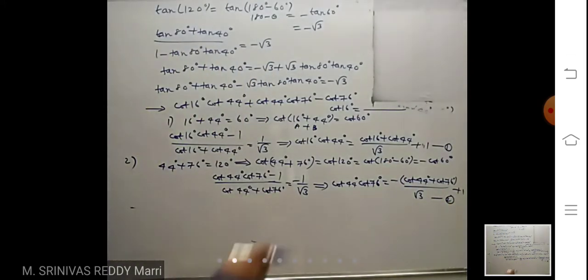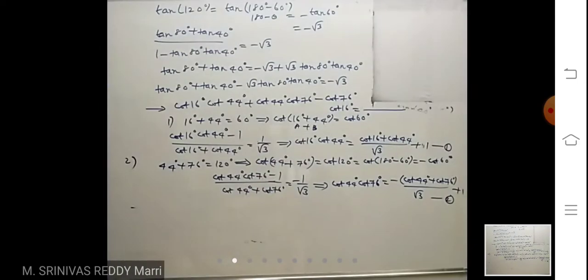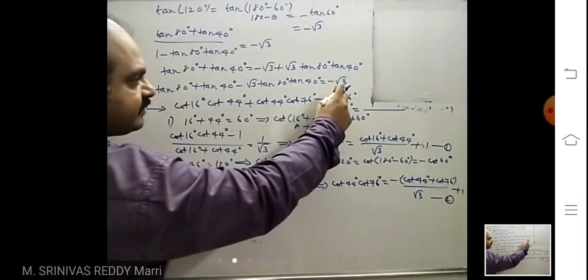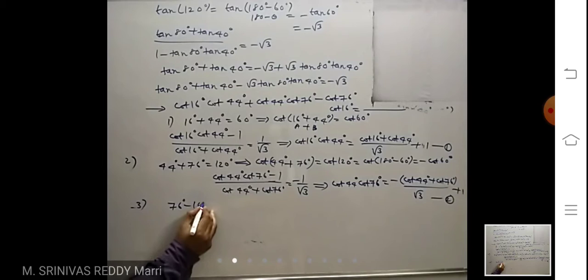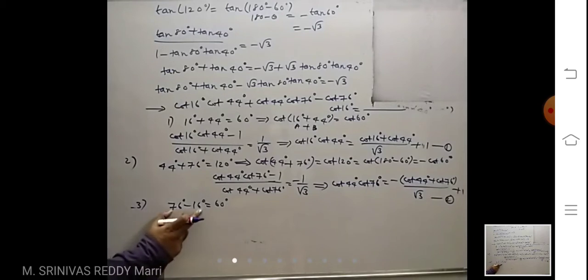Right? Now look at here, 76 degree, 16 degree. Now you can observe that 76 degree minus 16 degree is nothing but 60 degree. You can observe 60 is the known angle. 76 plus 16 you don't know.